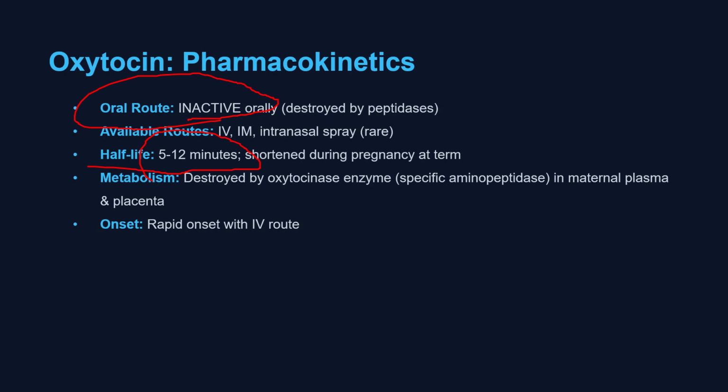Another one is metabolism. How metabolism in pregnancy should be calculated, you may get a question on that. In pregnancy, the uterus or placenta has a certain kind of enzyme. This enzyme is very important; from an exam point of view, a lot of questions are asked about this enzyme alone.